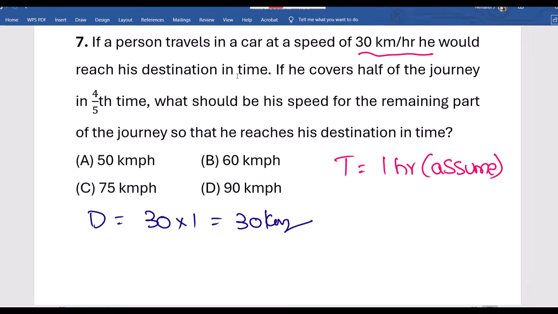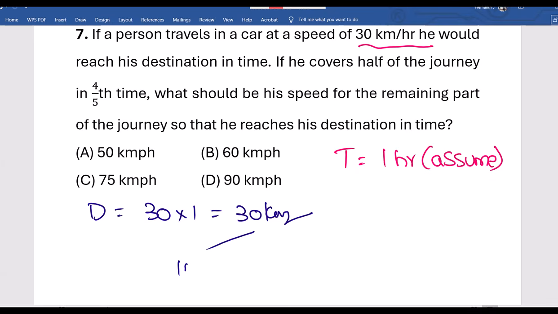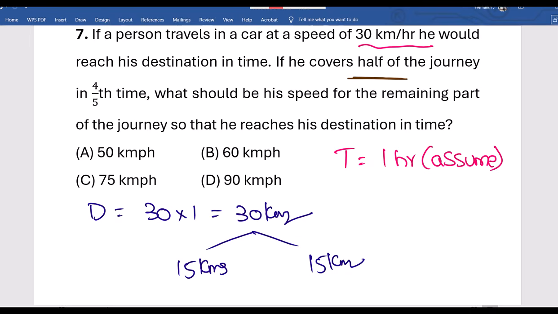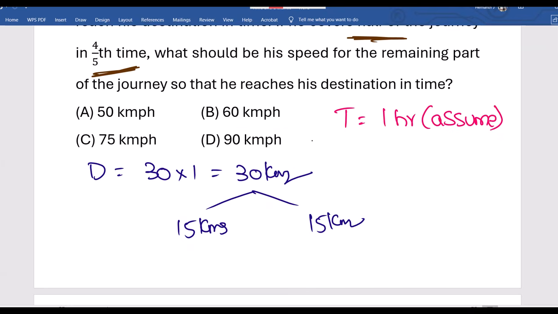Half of the journey means 15 kilometers. Remaining 15. This first 15 kilometers is covered in what time? 4 by 5th of the hour. Half of the journey in 4 by 5th of the time means 4 by 5th of the hour. Now, what is the remaining time? 1 by 5th of the hour.